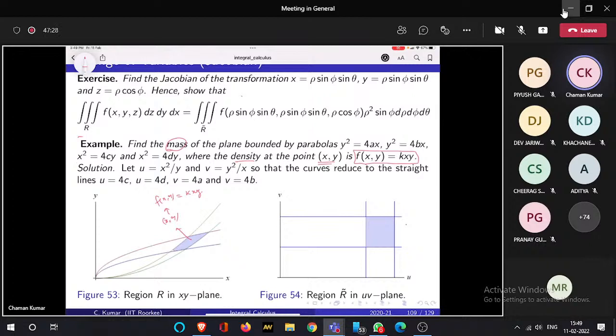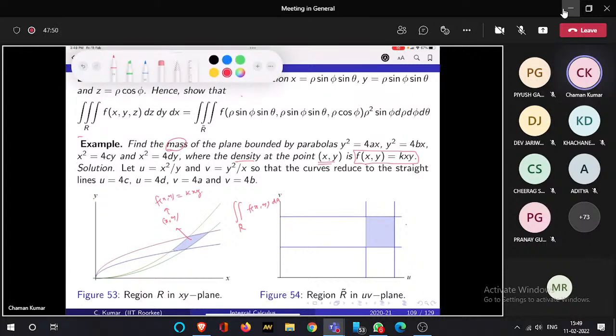So the mass formula we have already seen. What was the mass formula? The mass formula was the double integral over the region R of f dA. Yes, sir. This was the formula for mass. Now we have to find this integral.